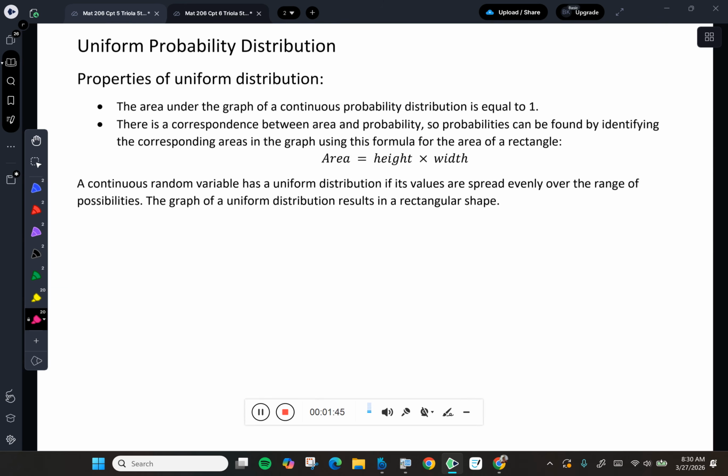Okay. Now, like I said earlier, in the last chapter, we had discrete probability distributions. In this chapter, we are going to have continuous probability distributions. We are going to have scenarios where we have a continuous random variable. Now, if my random variable is continuous, meaning it can take on any value in a range, how do I calculate probabilities for that random variable?